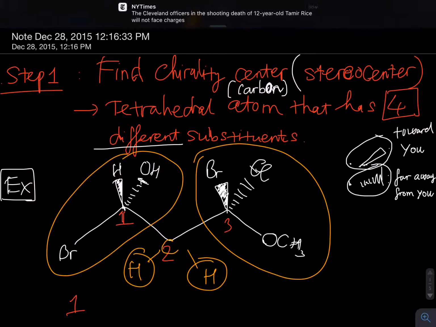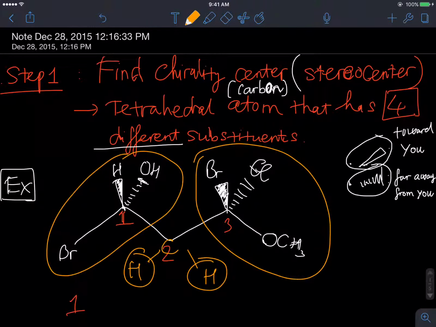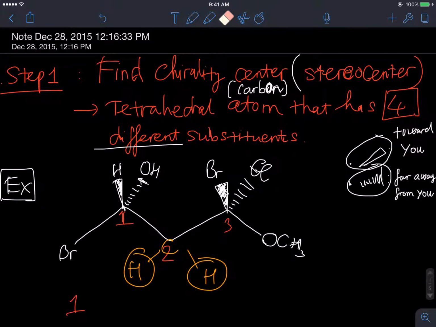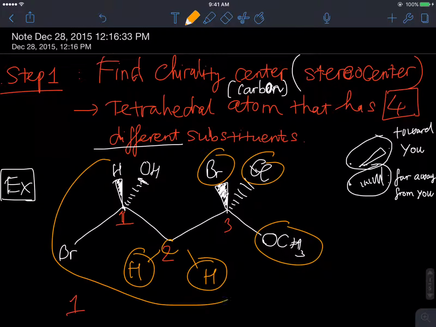It has two different substituents, but the two H's are the same substituents. So the number two carbon is not a stereo center. Check out the number three carbon. We have one, two, three, and four different substituents. So number three is a stereo center.